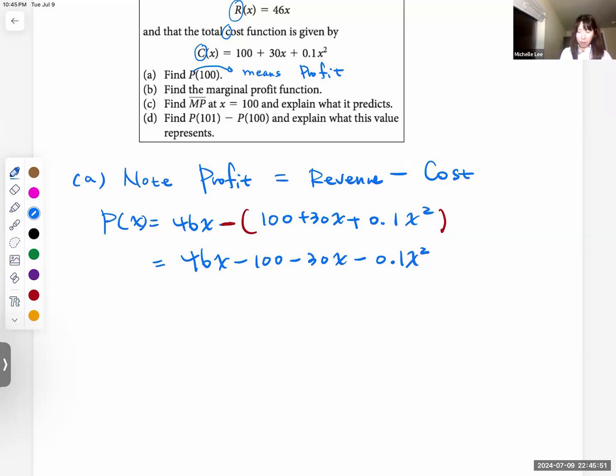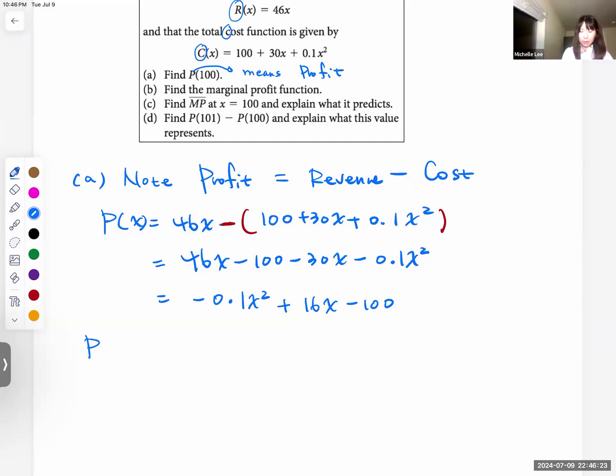Okay, then we get, many terms are negative. Okay, let's make a negative 0.1X squared and then positive 16x and negative 100. That's the profit function.